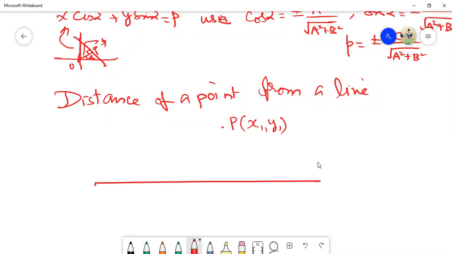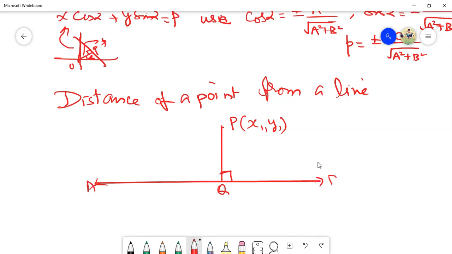Then we have to find this distance, the perpendicular distance from P to the line AB.